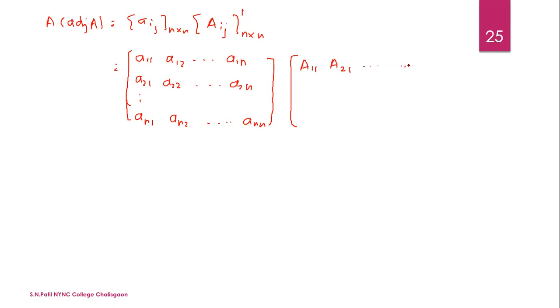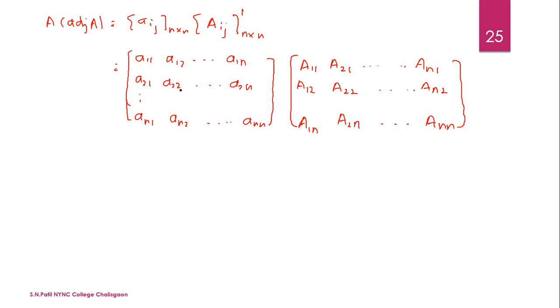The next column is A12, A22, up to An2, and the last is A1n, A2n, up to Ann.